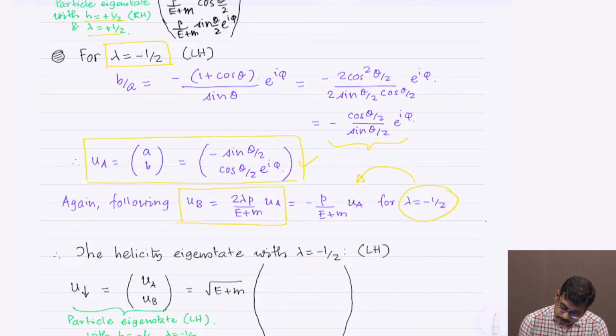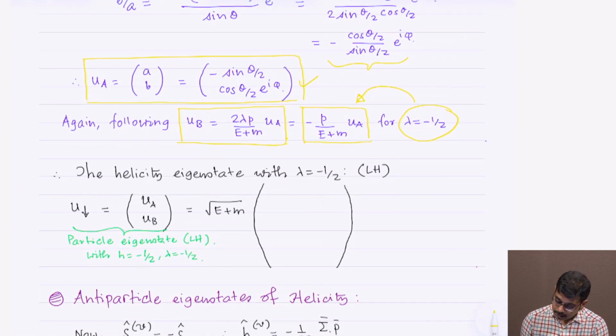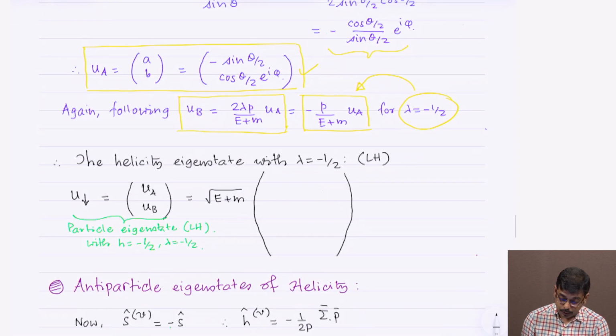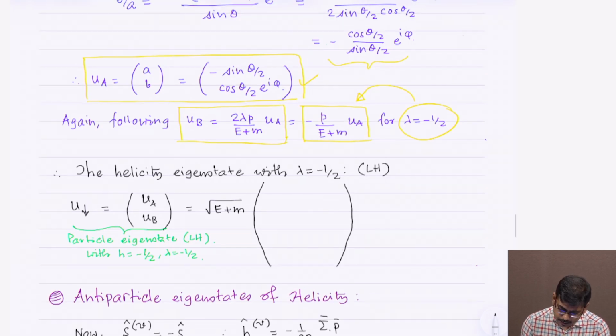If you do that, this gives you minus P by E plus M into UA, and with this I am now in a position to write the U down, or lambda equal to minus half, the left handed particle like solution for the Dirac equation, and what that is going to be: minus sin theta by 2, cos theta by 2 e to the power I phi, correct.